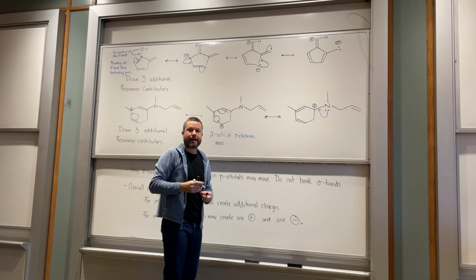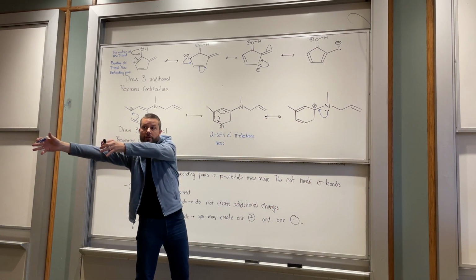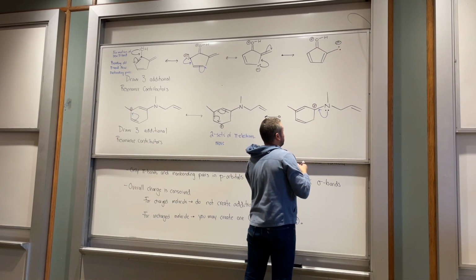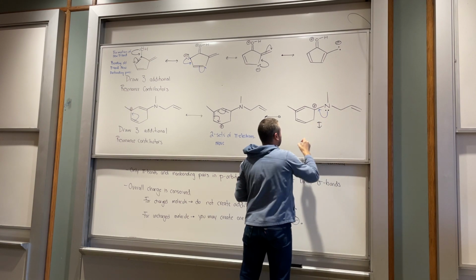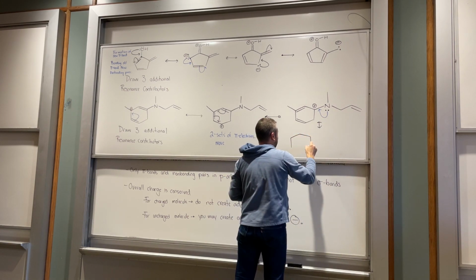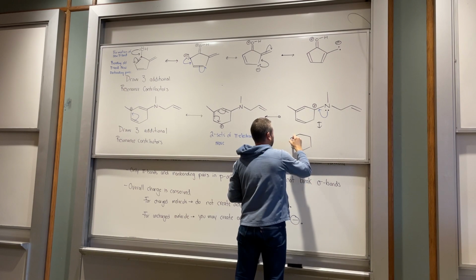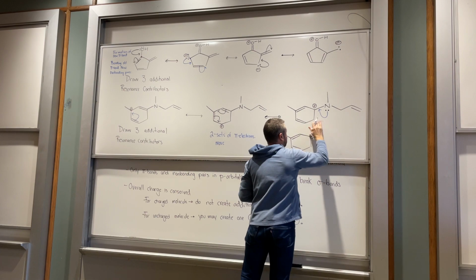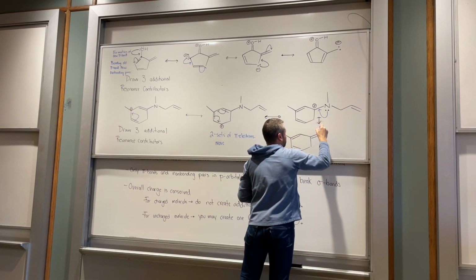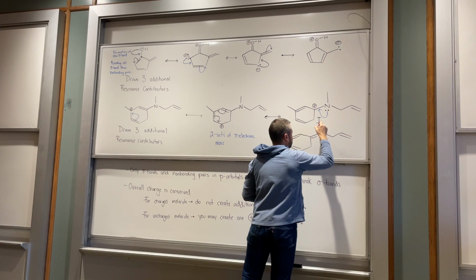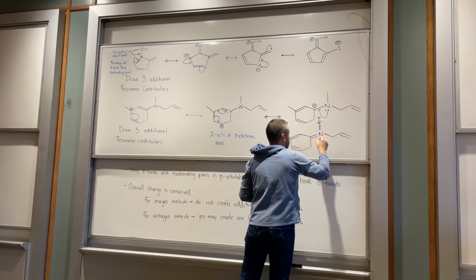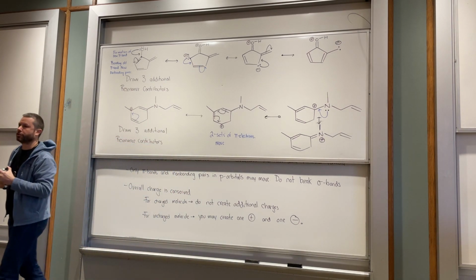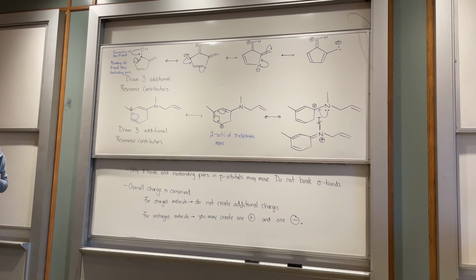And all that's going to happen is that the heteroatom is going to reach over and bond to that carbon with the empty orbital. And so that gives nitrogen a formal positive charge.